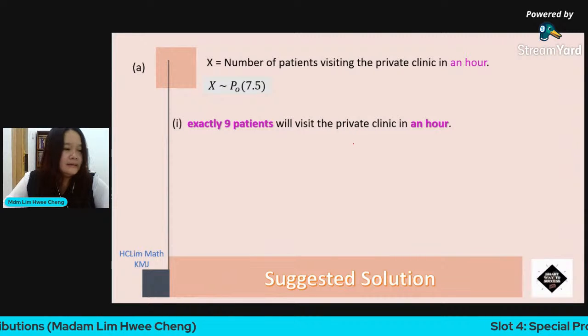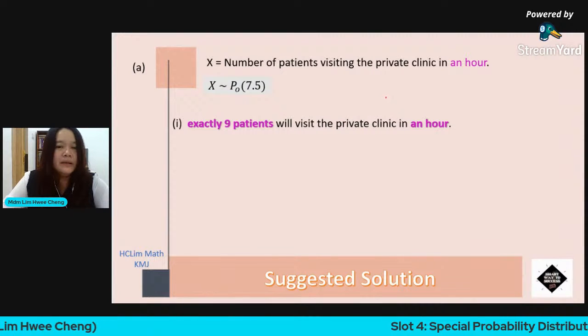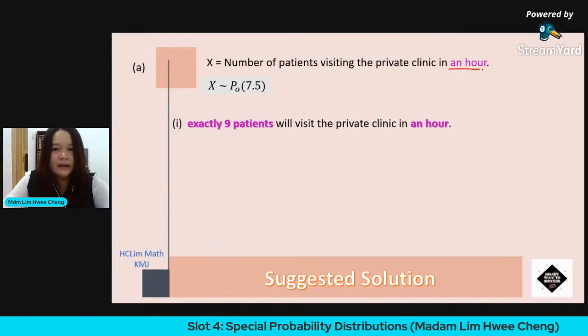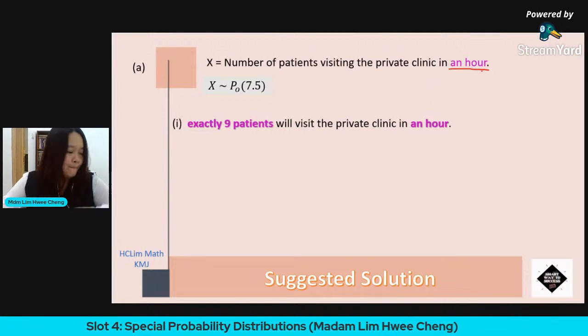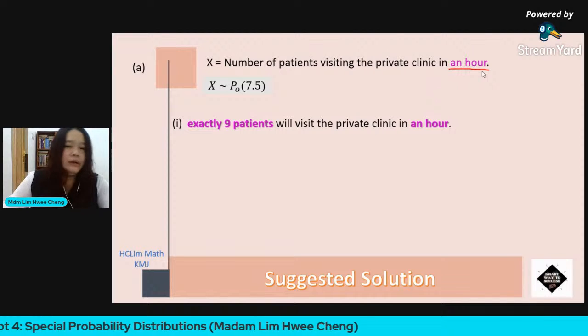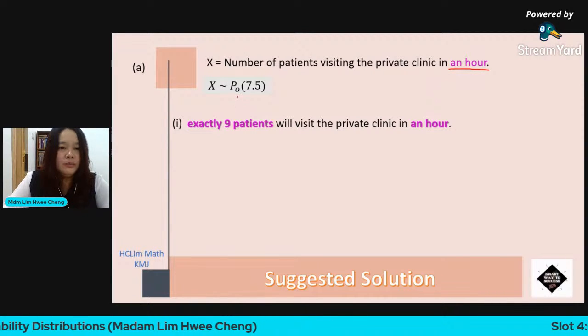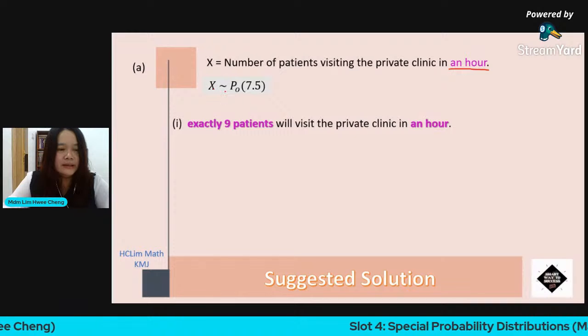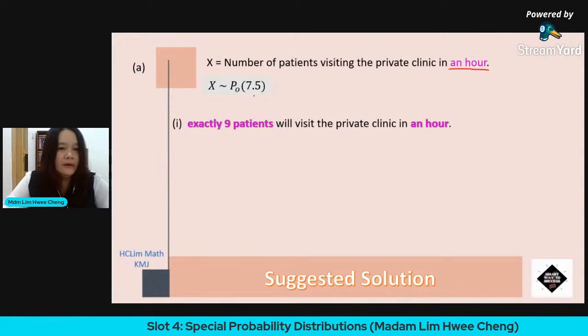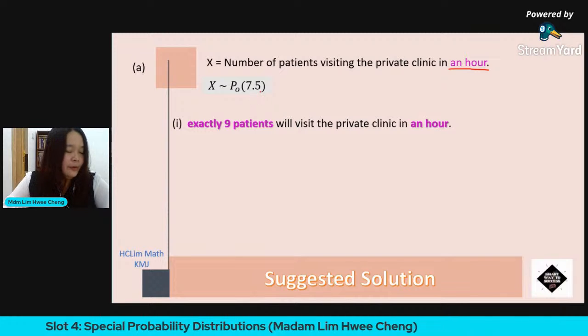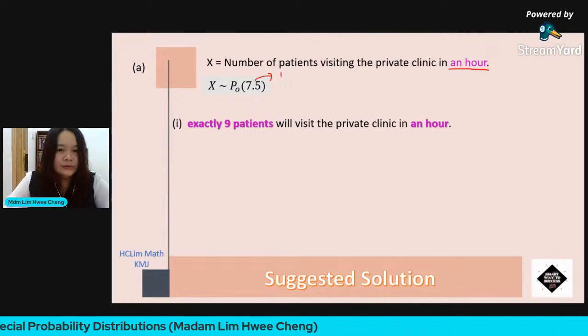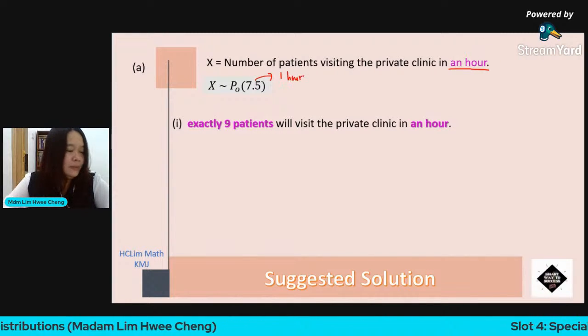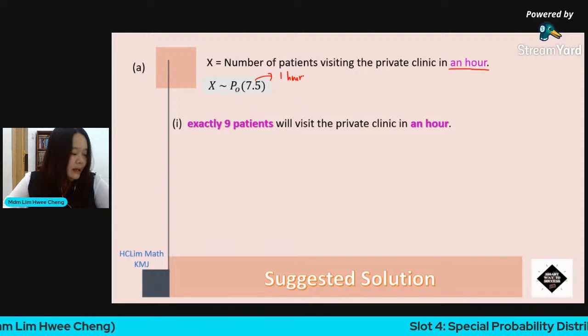We said just now, F is the number of patients visiting the private clinic in 1 hour. So that's why you must write the distribution as the standard notation: this is the Poisson distribution with a mean of 7.5. This is specific to 1 hour, the mean for 1 hour.